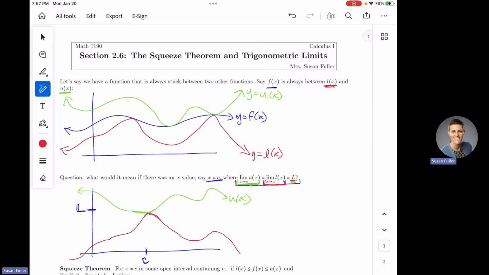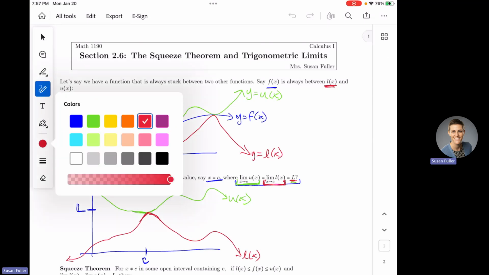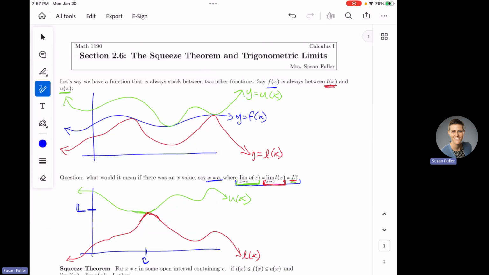So both of my functions are going to come up here and approach L. Again, I'm going to say that point exists here just because it's going to make our brains happier. But again, there could be a hole there and it's going to be fine because limits don't care about holes. Continuity does, but we're talking about limits here, not continuity.